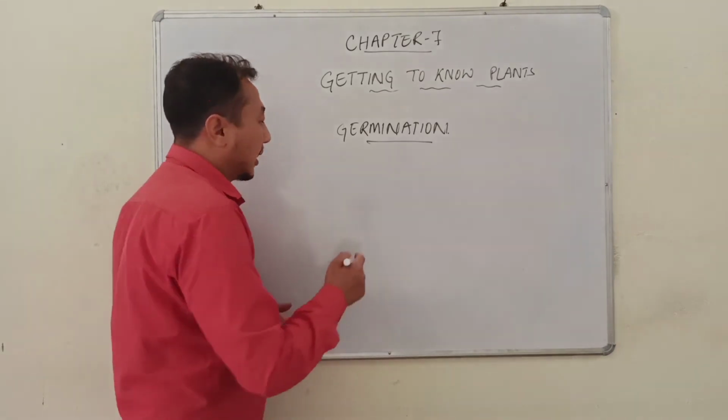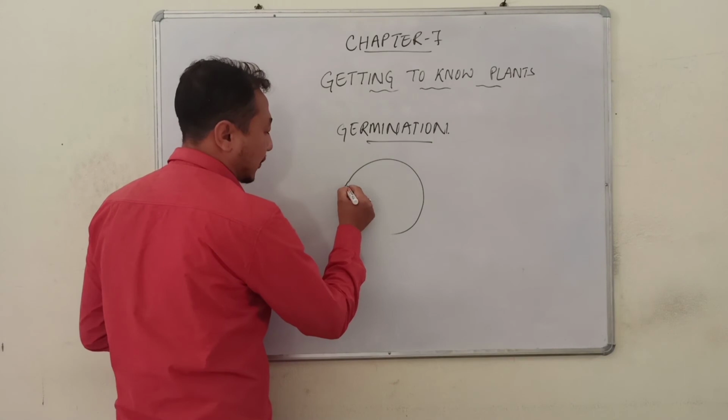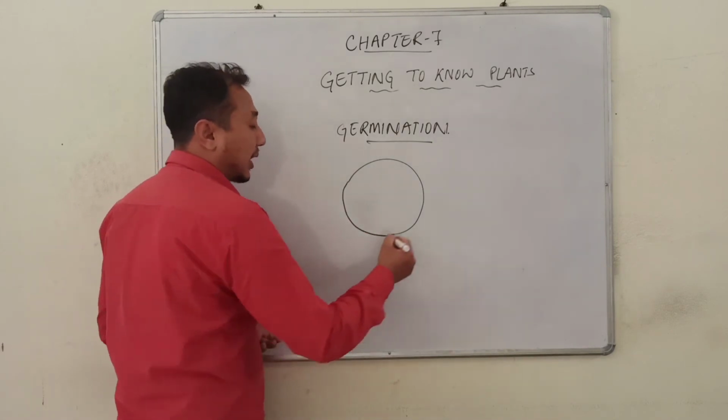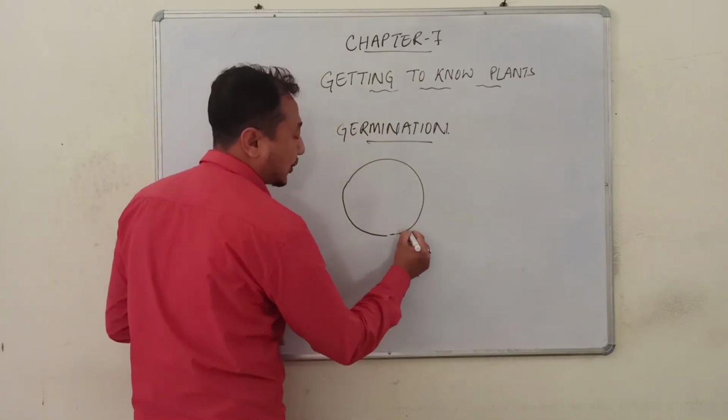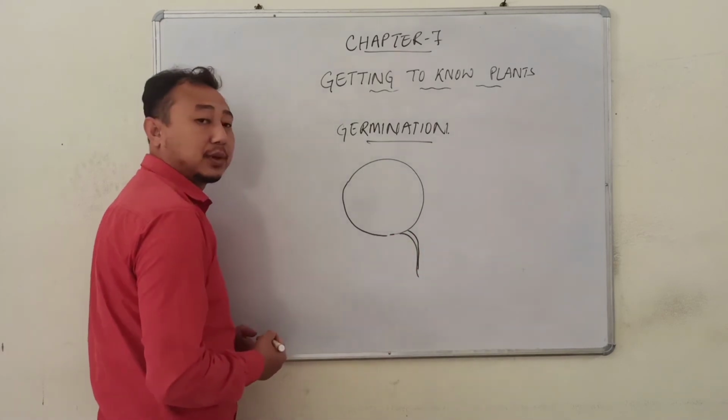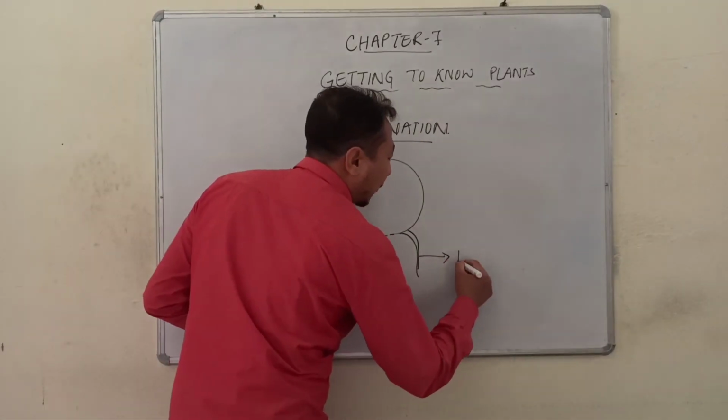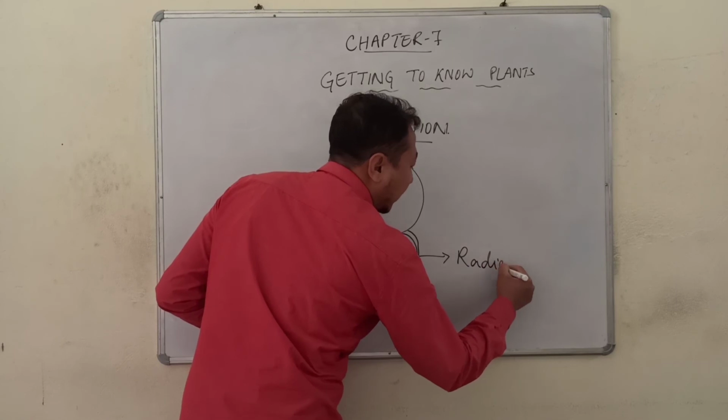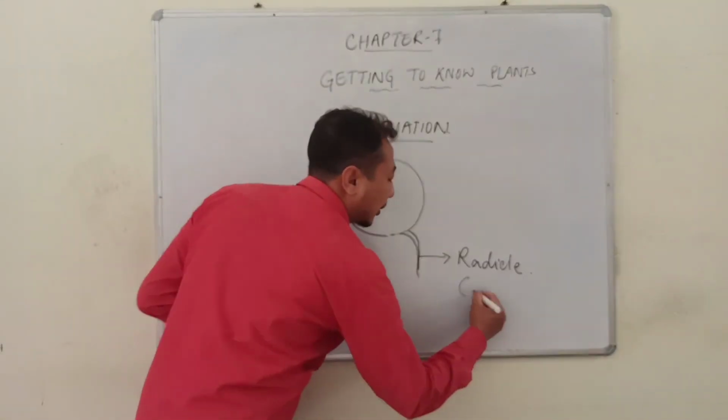So if we see a seed and if we soak it in water for some time, then at the start they develop a small structure that grows downward. This structure that grows downward is known as the radicle, and in the future it will develop into the root.